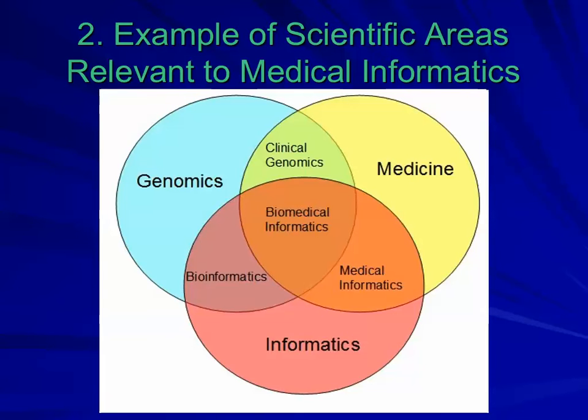And here we can identify, for example, if we just consider genomics as a subfield of biology, which is not directly derived from medicine, it's derived from biology as a scientific area. And here you can identify related descendant scientific areas for medical informatics: biomedical, bioinformatics, clinical genomics, etc. Well, actually, clinical genomics is not a subfield of informatics, it does not interact with informatics at all.